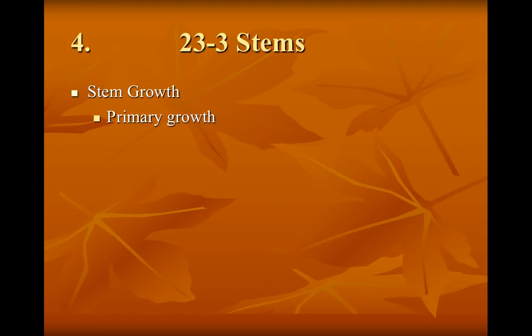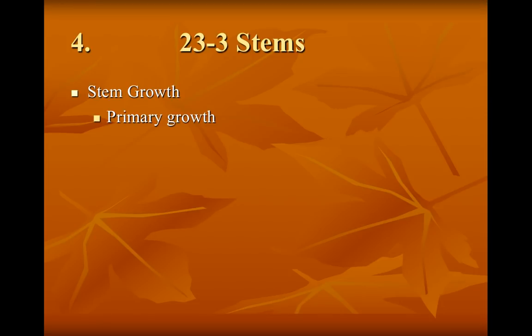Now there are two types of ways that stems grow. Let's go through that real quickly. The first type, and the kind of growth that all plants use, whether monocot or dicot, is primary growth.